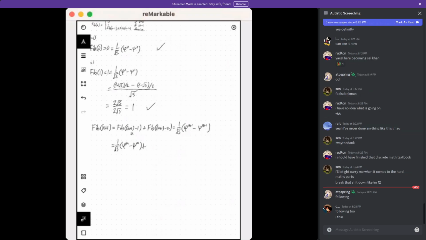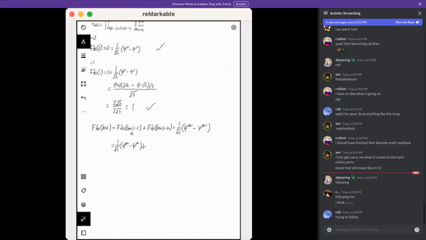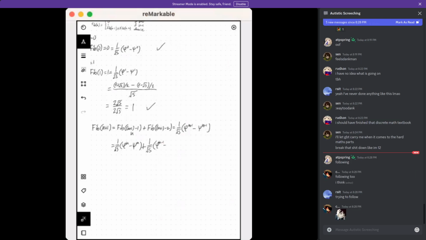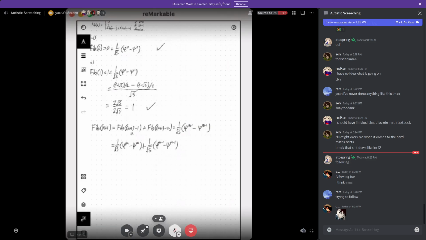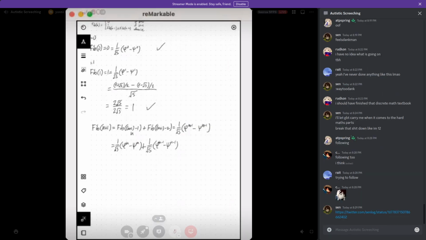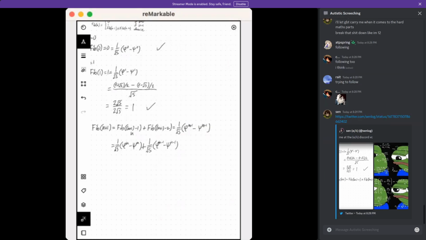So we're just plugging in here our expression and proving that for the n plus 1 case, this equality still holds, right? So then here, this is going to be 1 over radical 5, n minus 1 is n minus 1, which, how would we resolve this algebraically?